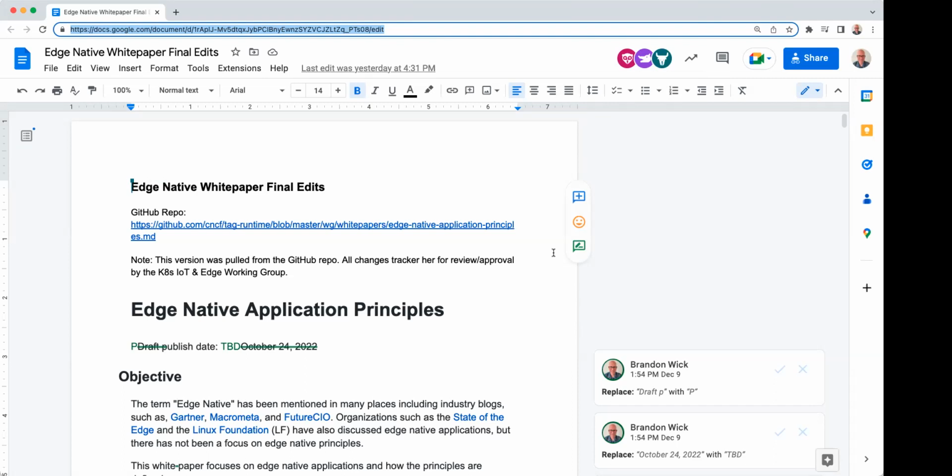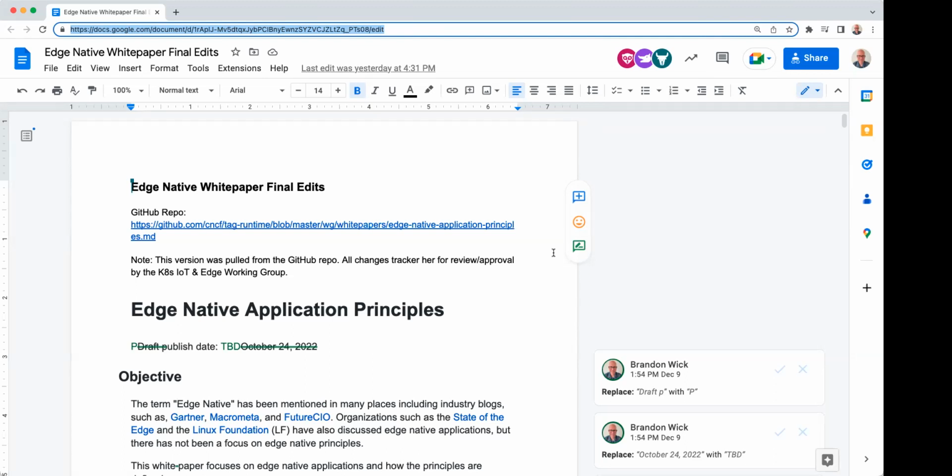We want to highlight the good work that we've done. We want to raise awareness across the CNCF community as well as the industry around these edge native principles. We want to start conversations. And then as we allude to at the end of the paper, we can talk about next steps, such as further revisions of this paper and additional follow-on papers as needed, perhaps addressing particular use cases, which we made a purposeful decision not to get into this time around.